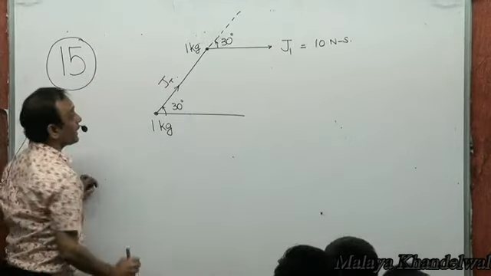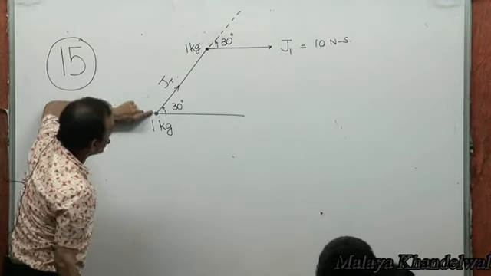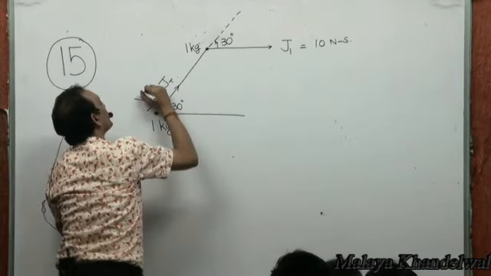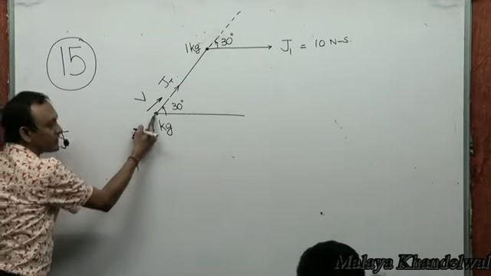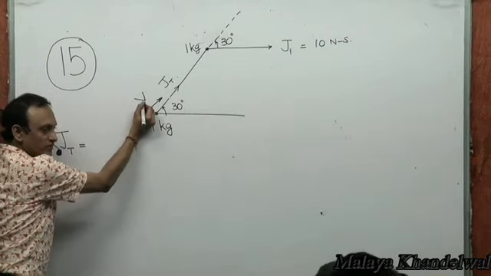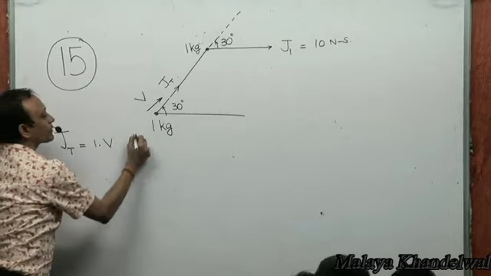And what would this impulse do to this mass? It will develop on this mass a velocity in this direction. So a velocity v would develop on this mass. So can I not say that impulse of the tension when applied on this mass, JT, must be mass of this into velocity v? So 1 into v? Yes or no?